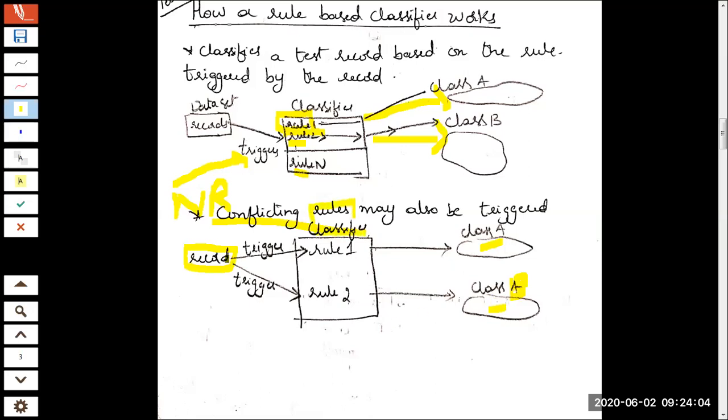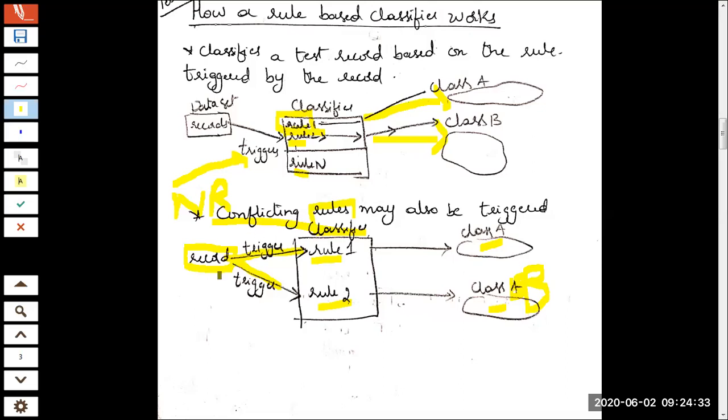This classifier will take the record, and whichever rule is satisfied or triggered, the record will be put into that class. For example, if this record satisfies rule 1, it will go inside class A, meaning that this record belongs to class A. If it satisfies rule 2, it belongs to class B. Now there is an issue here.